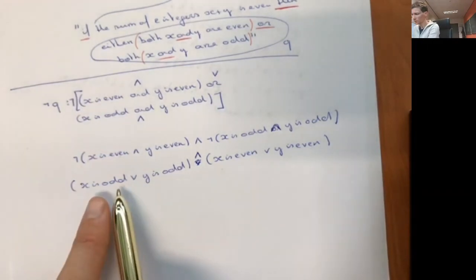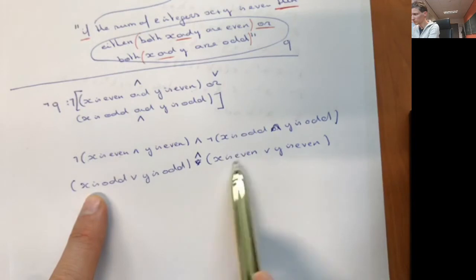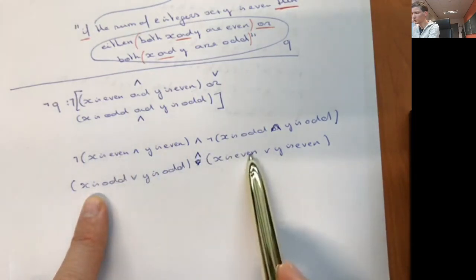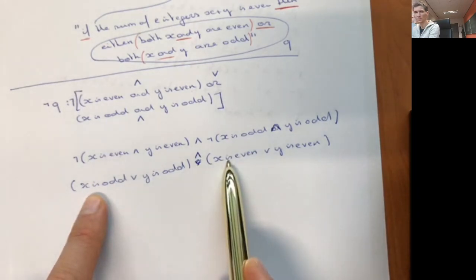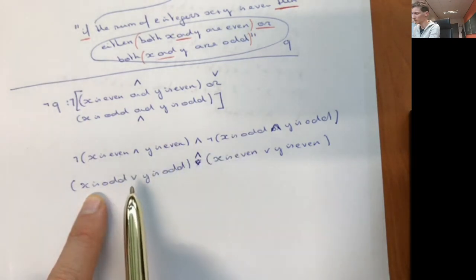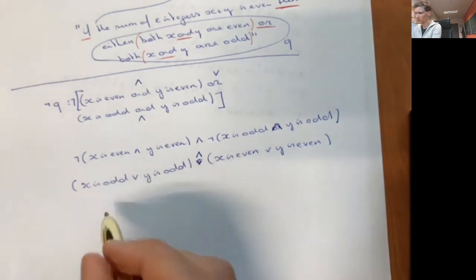We can look at the different combinations. Either one of these two is true, and one of these two is true. In the first case, x is odd and x is even. This is clearly impossible: x is either odd or even, so this will always be false. Second case, x is odd and y is even. That's an option.